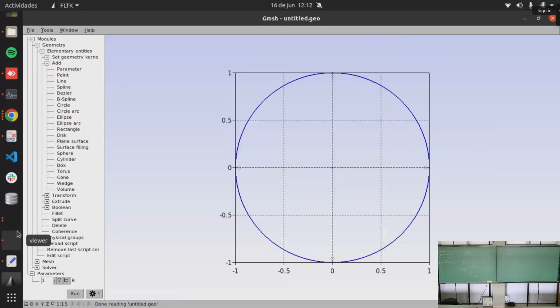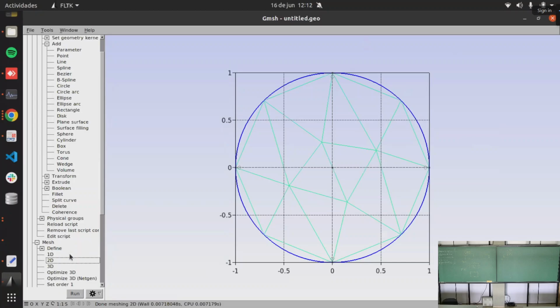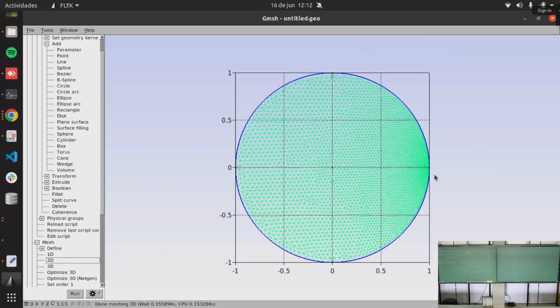And after that, I will create a mesh. It would look like this. Reload. Okay. Notice that in the point over here, the refinement is higher.